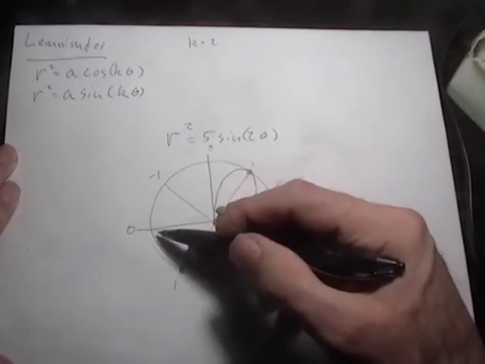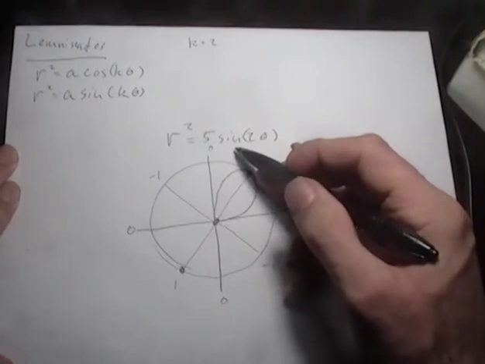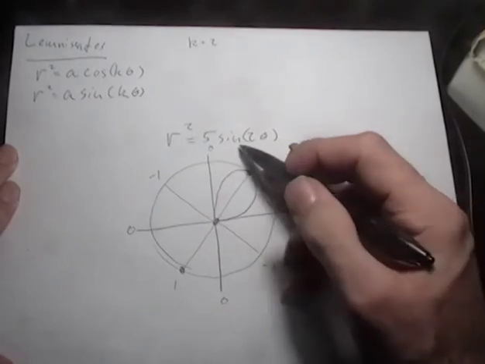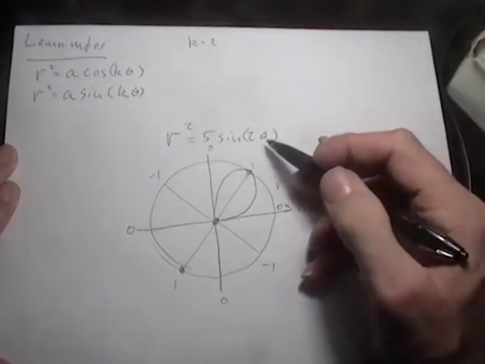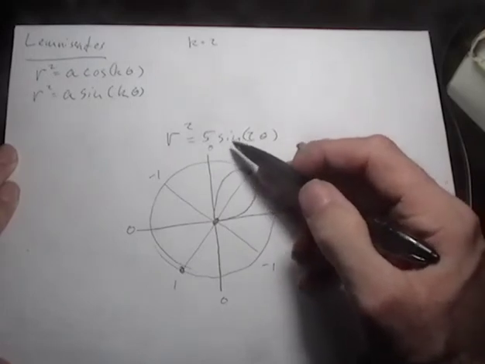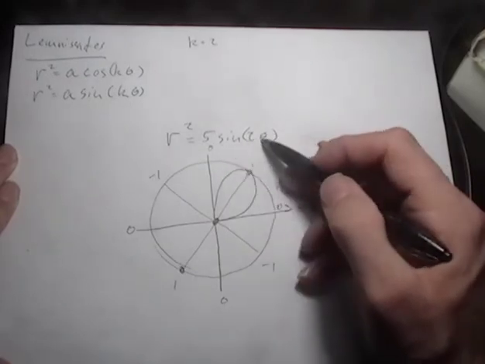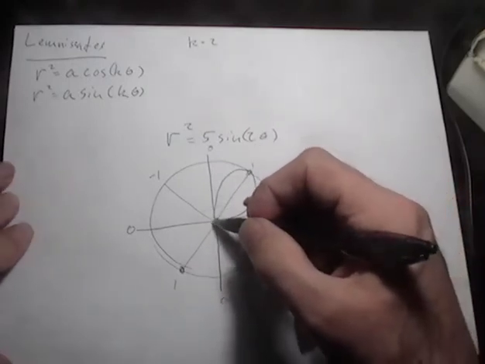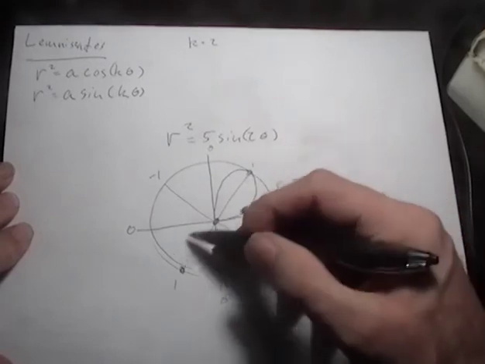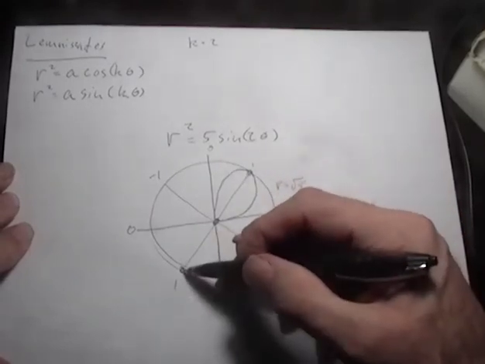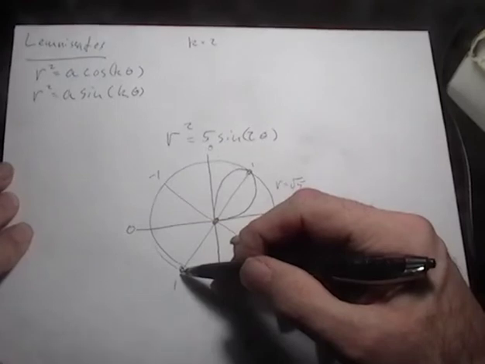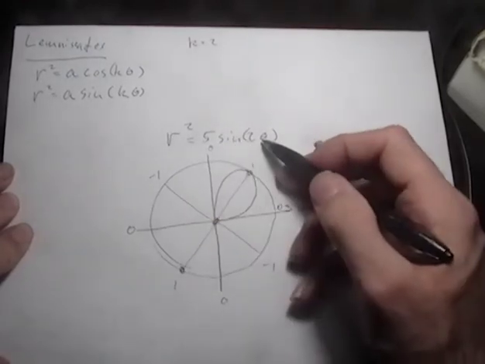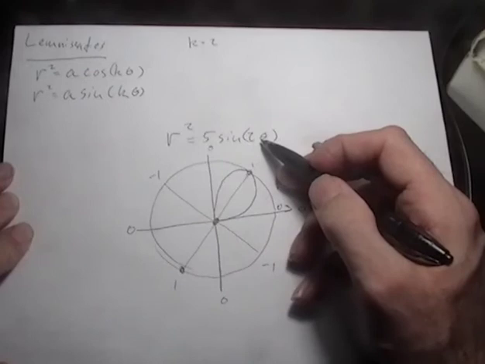After I pass through pi, sine of 2 theta is going to change again, this time to a positive value. And so by the time I get to 5 pi over 4, I would have the sine of 5 pi over 2.